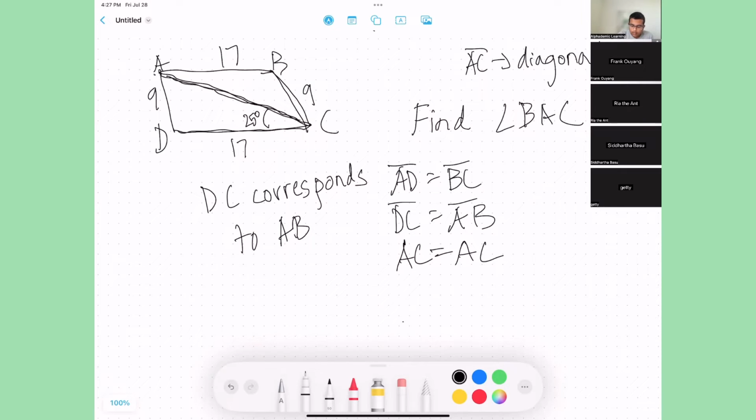So this angle here is also equal to 25 degrees, which is what we were asked to find. So this is just 25 degrees. Everyone got it? Or do I need to explain further?